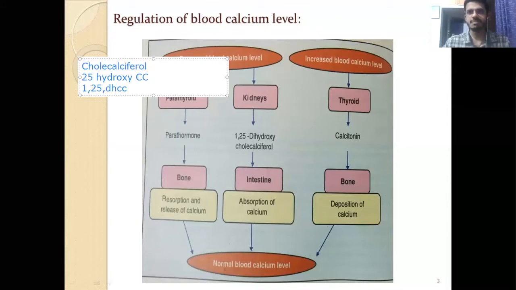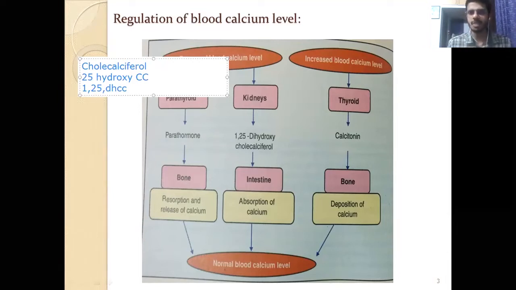The easy way to remember this is, all you have to remember is one term, cholecalciferol. After that, whatever is happening during the process of vitamin D activation is only hydroxylation. Hydroxylation occurs first at the 25th carbon atom, giving 25 hydroxycholecalciferol. After that, another hydroxylation occurs at the first carbon atom.